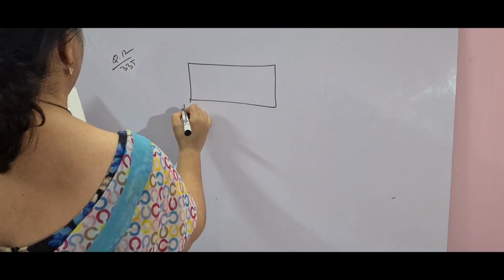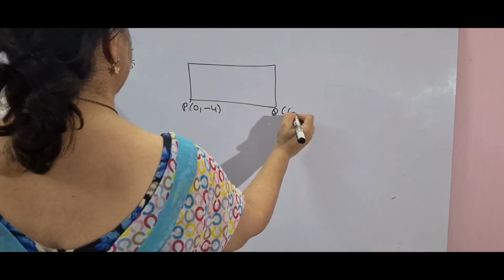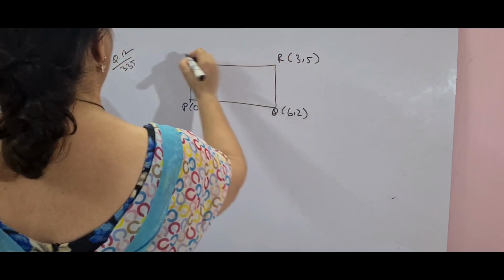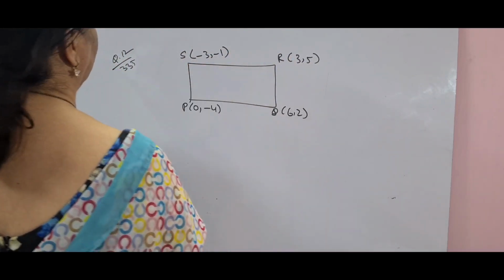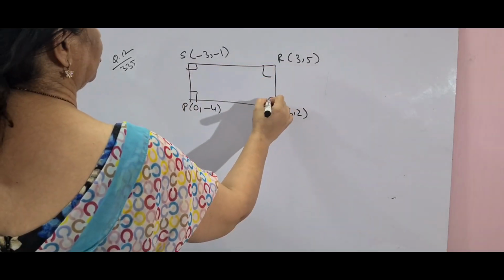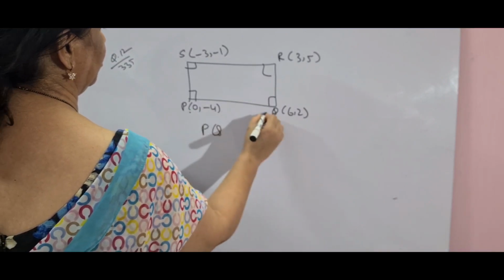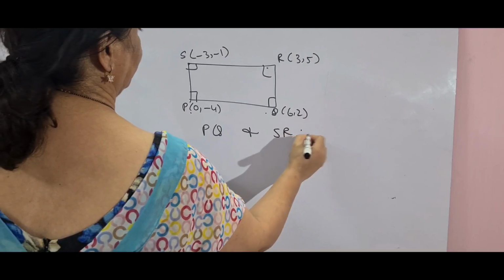He said P(0, -4), Q(6, 2), R(3, 5), and S of course (-3, -1). Properties of a rectangle: a rectangle means opposite sides are equal. So what you will do here, you will find the distance between PQ and the distance between SR, and they have to be equal.